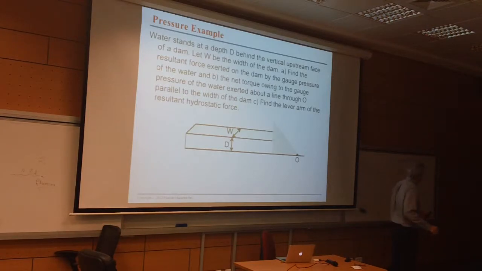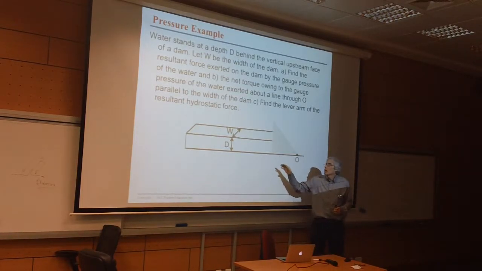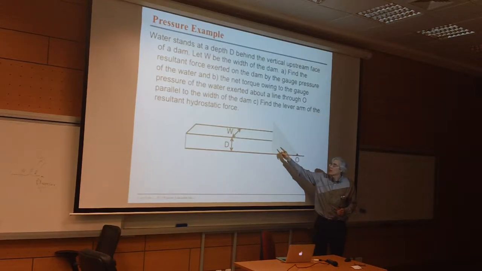Okay, we had this problem on the board last time at the end of class. So let's take a couple minutes to solve the problem. The problem is we have a dam, and we have water in front of the dam, and the dam has a surface of width W and depth D. And the question is, first of all, what is the resultant force from the hydrostatic gauge pressure on the wall?